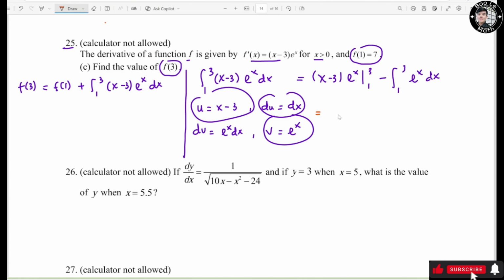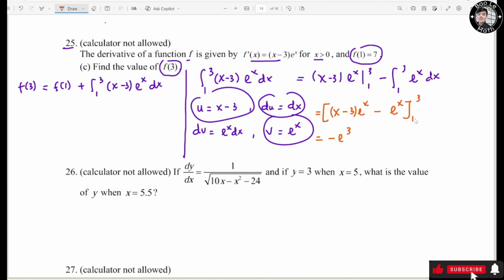It's going to be (s minus 3) e to the s, subtract the antiderivative of that one, which is e to the s, all together evaluated from 1 to 3. So I substitute 3 for s, the first one is 0, the second one is negative e cubed.